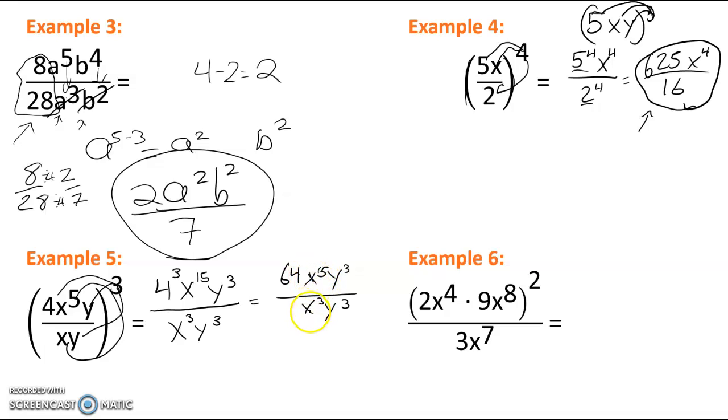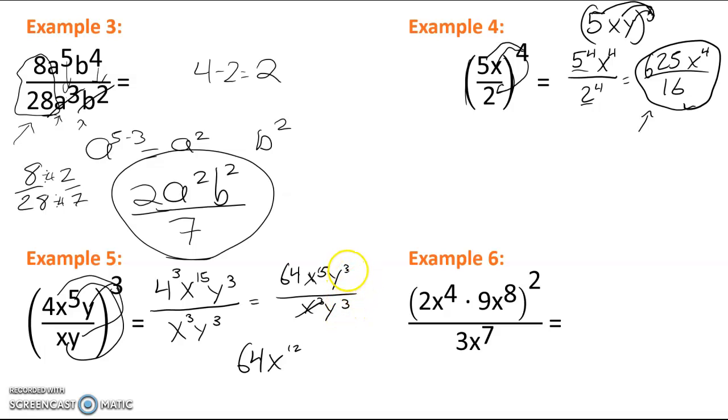X to the 15th, I have an x on the bottom that I can simplify that with, so if it's x to the 15 over x cubed, I'm going to subtract, x to the 15 minus 3. So I'm going to rewrite it down here, which turns into x to the 12th power, which then cancels that out on the bottom, turns into x to the 12th power on the top of my fraction. And then I've got y to the 3rd power over y to the 3rd power.